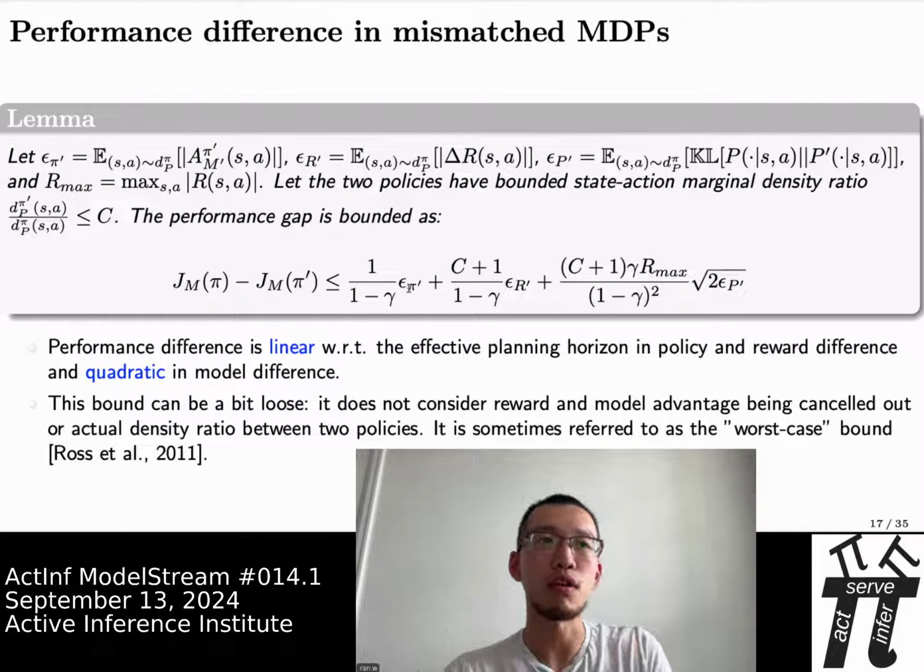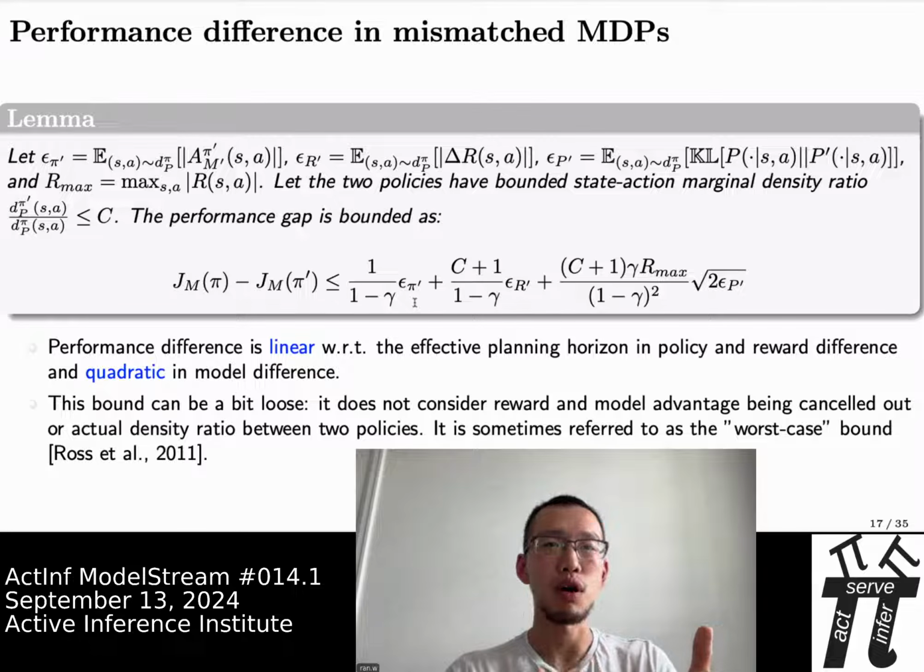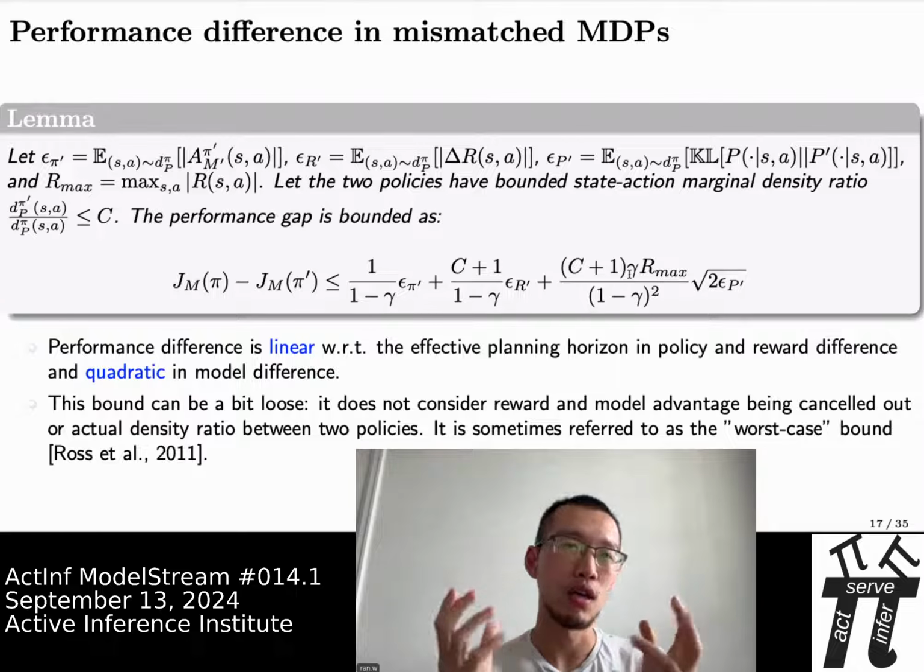From now on, I will call reward and policy advantage reward and policy error, because that's to some extent what they represent. What we see on the right-hand side is that the coefficients for these different terms are different. The coefficients for the reward and policy error are linear in the planning horizon, 1 over 1 minus gamma, whereas the coefficient for the dynamics difference is quadratic, or squared, in the planning horizon.